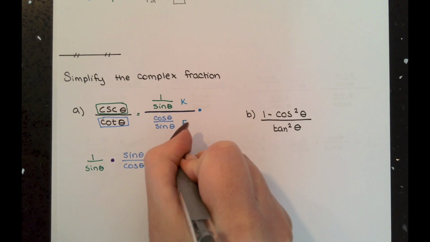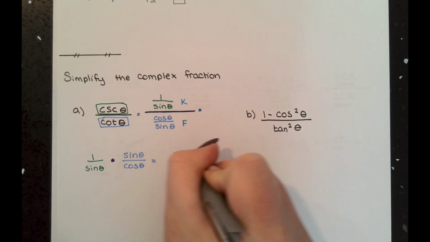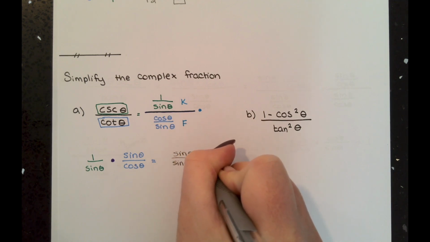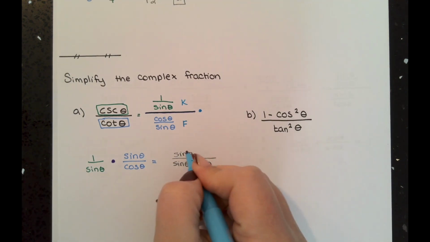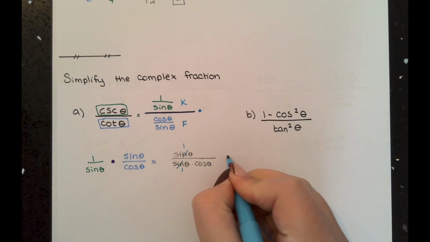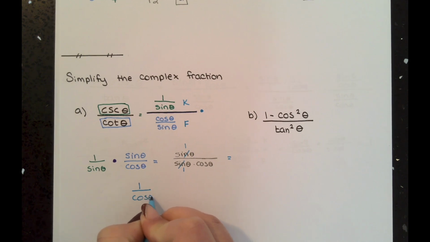So let's do that. We have sine of theta over sine of theta times cosine of theta. Now be careful when you quote unquote cancel things out, when you divide out. It does not become 0, it becomes 1. So our answer is, I'm going to write it here, 1 over cosine of theta.